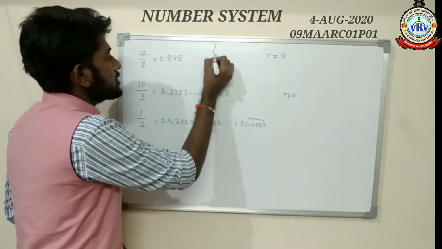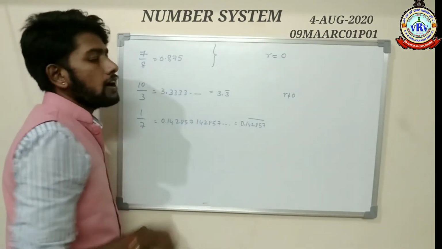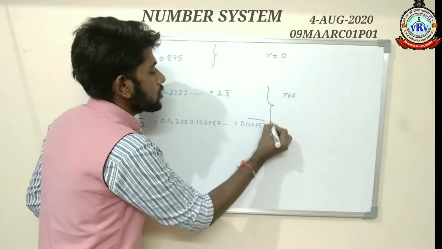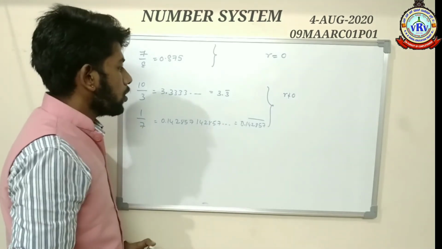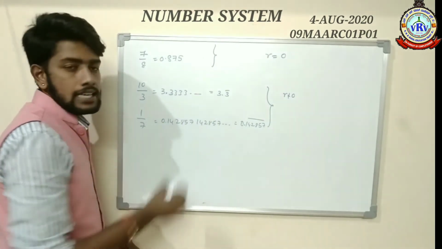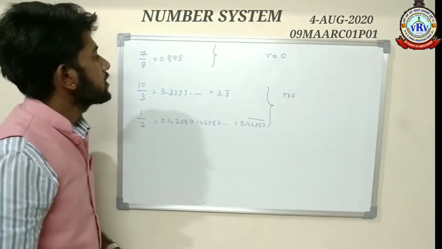Here in this case the remainder becomes 0, so the quotient also has a finite number of digits. Here the remainder is not equal to 0 in these two cases, so the quotient does not have a finite number of digits after the decimal. There are infinitely many numbers after the decimal, right?